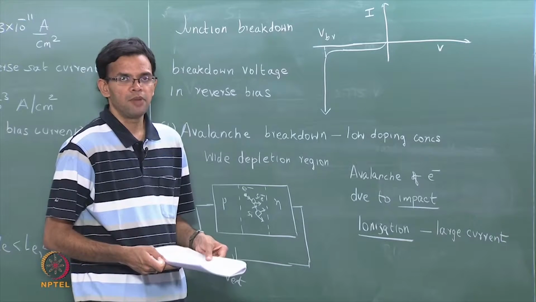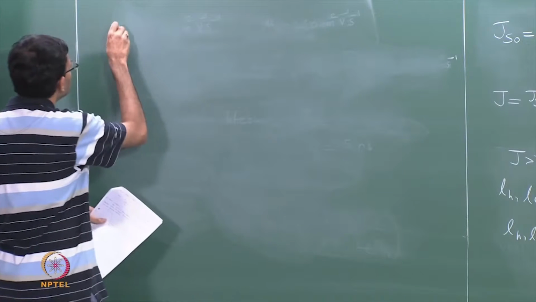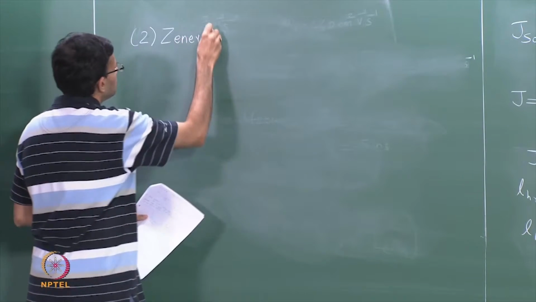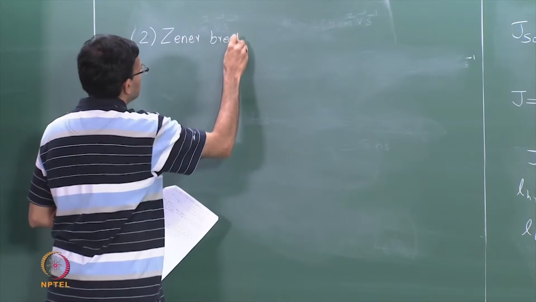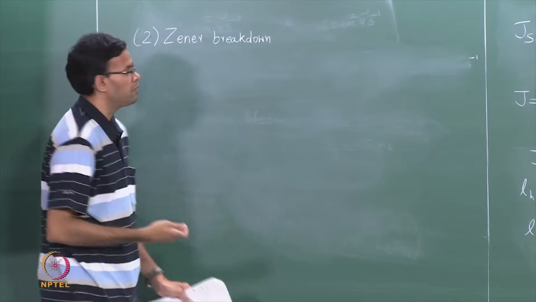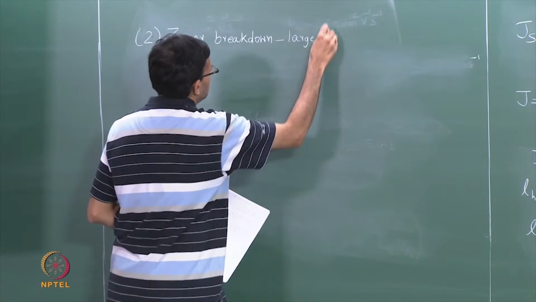Another mechanism of breakdown is called the Zener breakdown. So, the Zener breakdown occurs at large doping values.